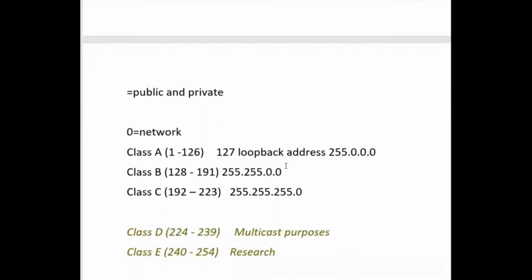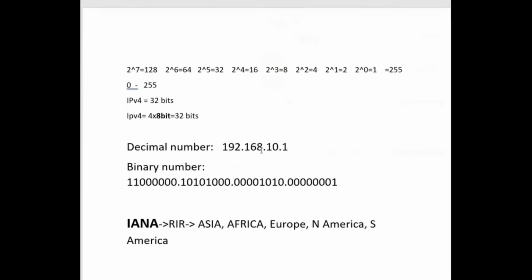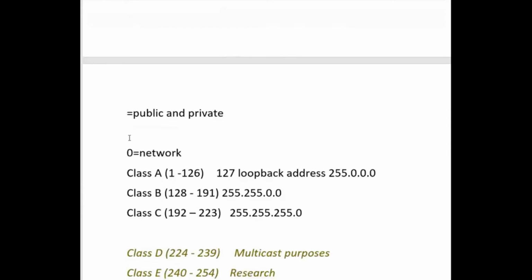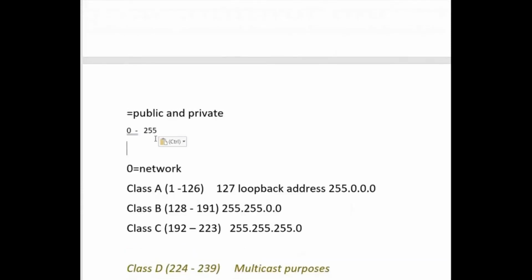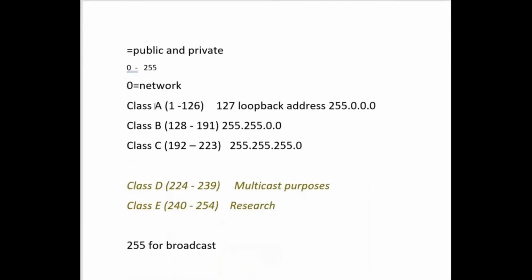Now let's have a look at the IP address distribution. The IP address range is 0 to 255. Any IP address we write down has to be between 0 and 255. And how the IP addresses are distributed: Class A is 1 to 126.